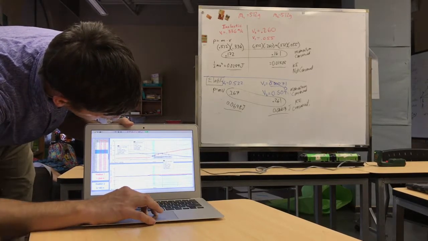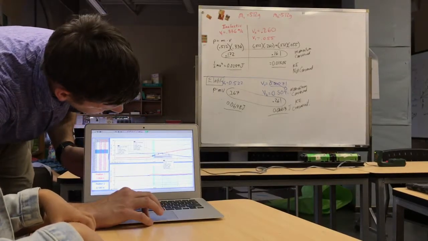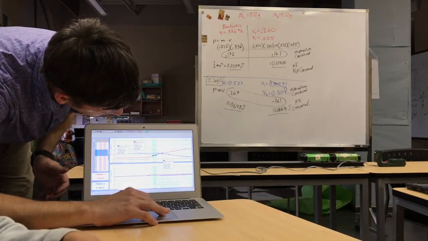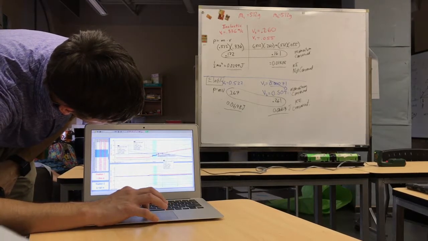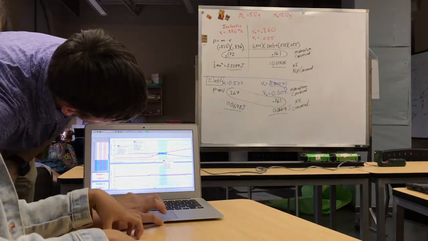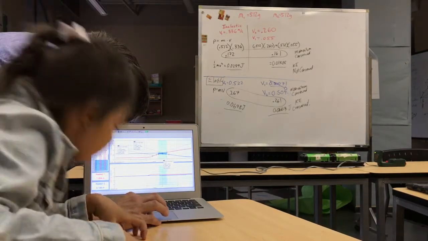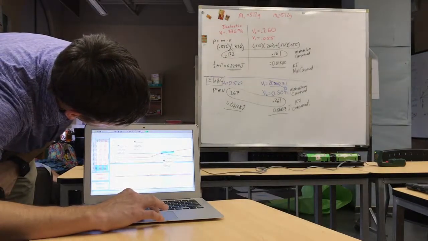And you'll note this time that cart 1 had some significant velocity after the collision. So I'm going to make sure that I move this over here so that it is for sure after the collision.